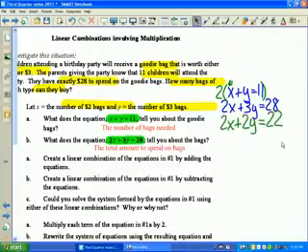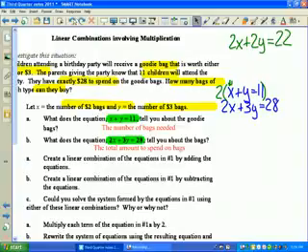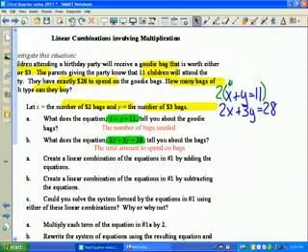I want to combine those two. So in order for me to combine it by adding, that's what it's asking, I need to have the same numbers, but different signs, right? So instead of multiplying by 2, I'm going to need to multiply by a negative 2.